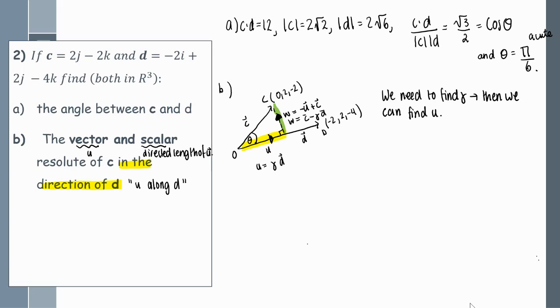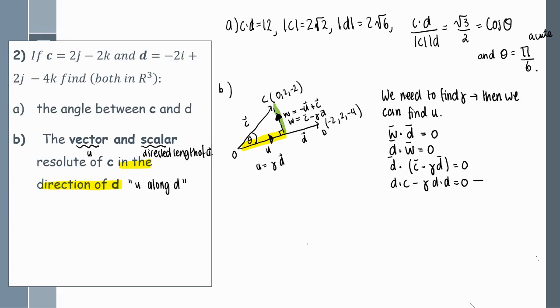Recall that we can take the dot product: D dotted with W is equal to 0. D dotted with W is D dotted with, well, W is C minus gamma times vector D, and that equals 0.